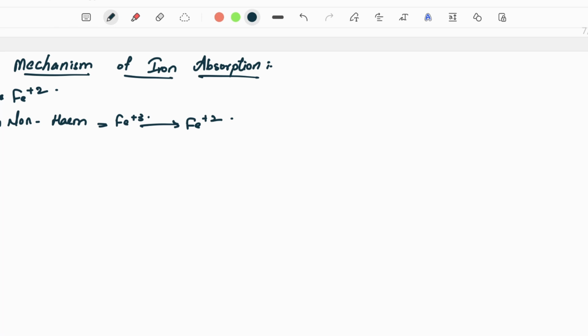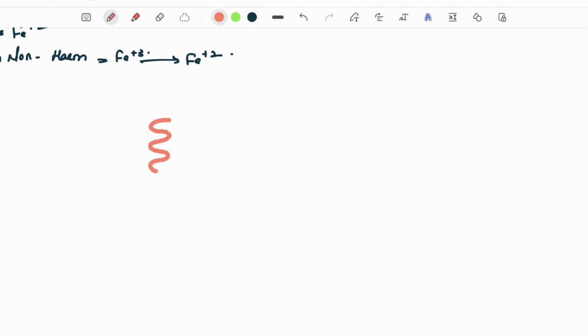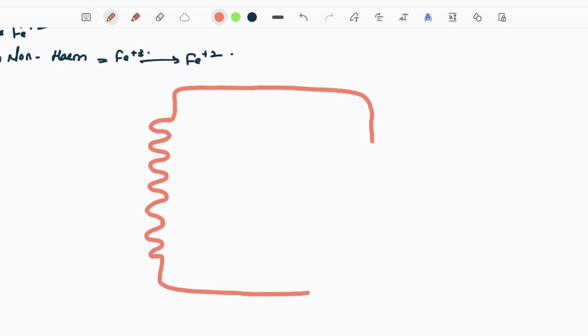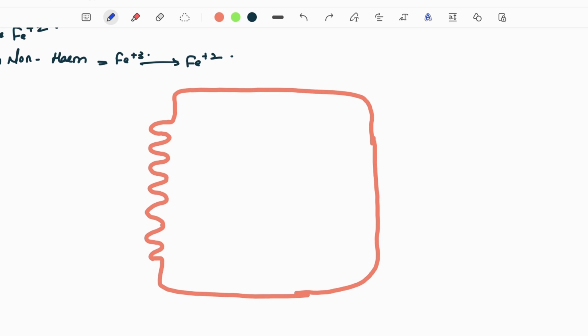So let's draw a diagram. Duodenal enterocyte.